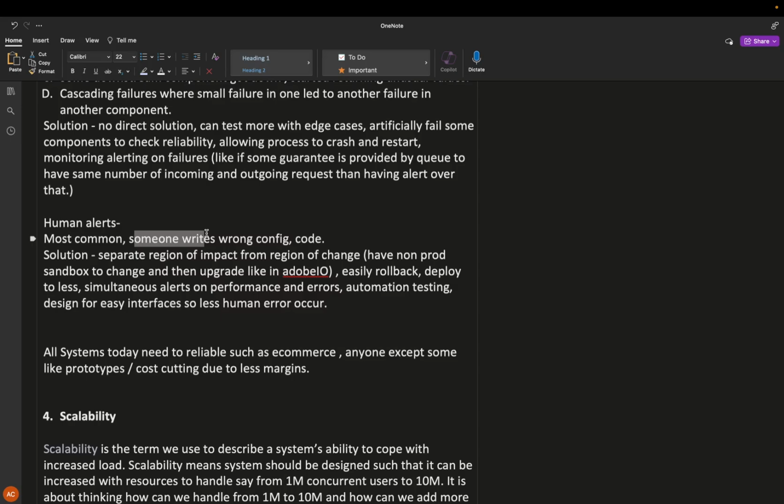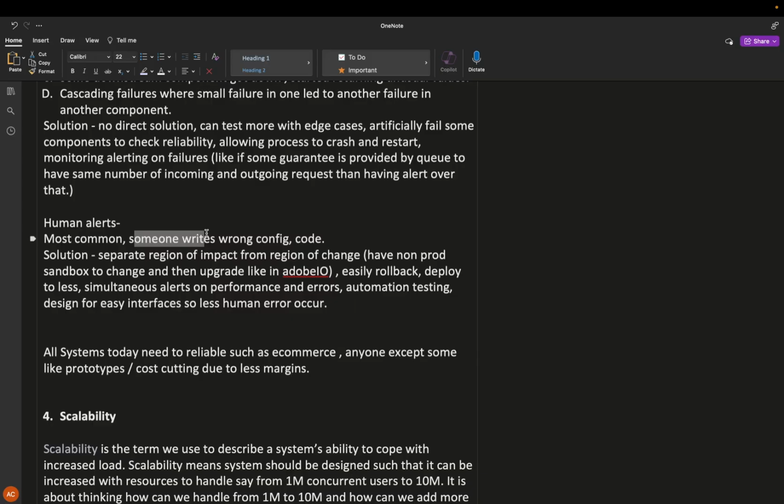Second is easy rollback. Third is to deploy to fewer regions first and then upgrade. Fourth is simultaneous alerts on performance and errors. Whenever you deploy, errors would help very much to get the bug, so that we know we have deployed a bug in the prod, right?